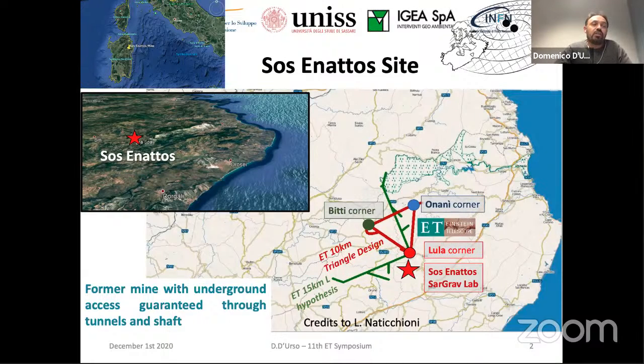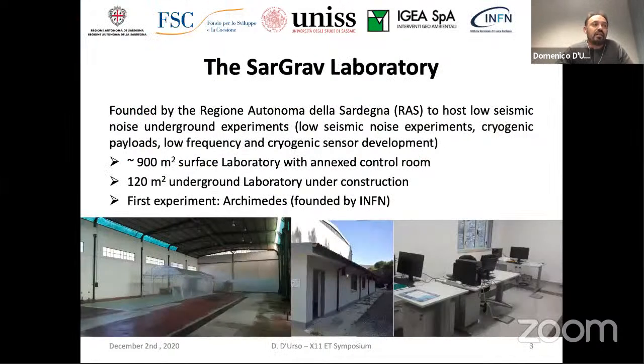And so you can benefit from all this structure and make measurements deep at different levels, and benefit from the low noise present at the site, using the site as a lab for experiments. That's why the Regione Sardinia founded the laboratory to host that kind of experiment.